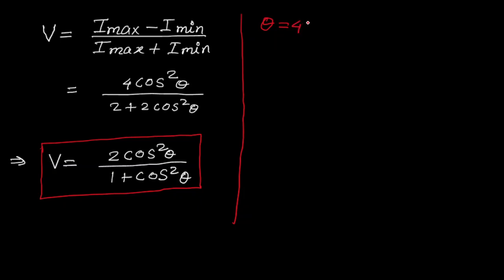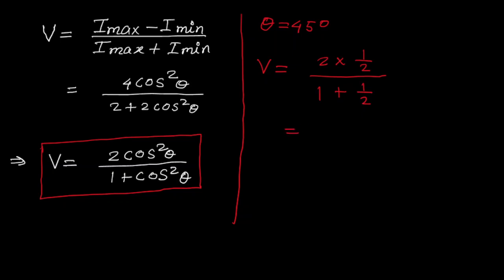So if we put theta equal to 45 degree, what will be the visibility? Visibility will be 2 into cos square 45, that means (1 by root 2) whole square. So it will be 1 divided by 1 plus (1 by root 2) square, so again 1 by 1 plus half.